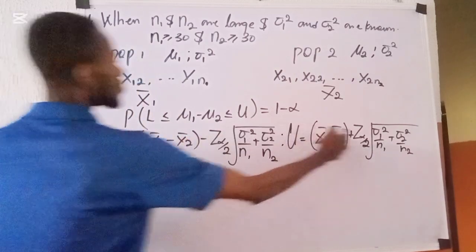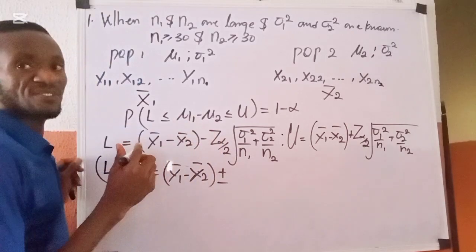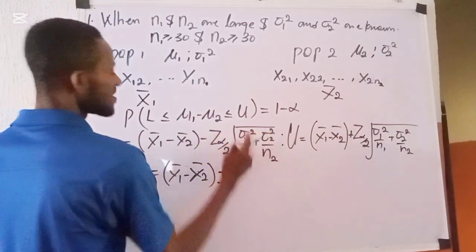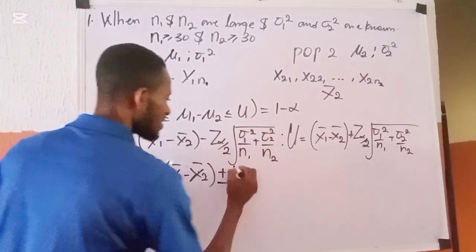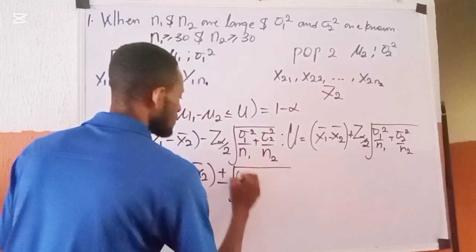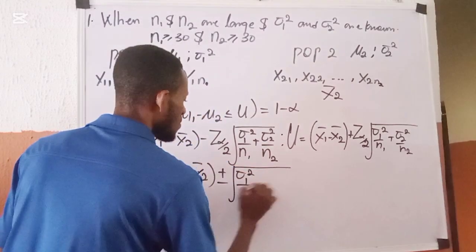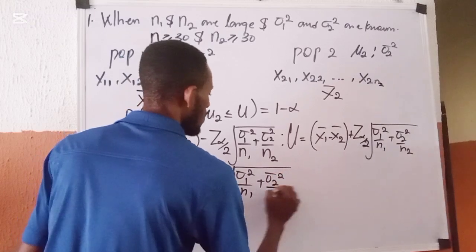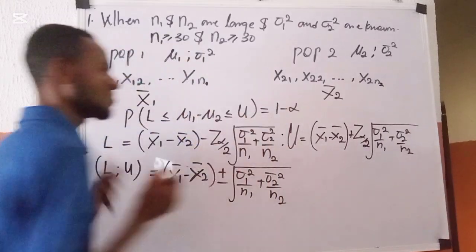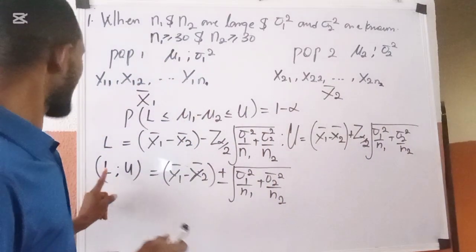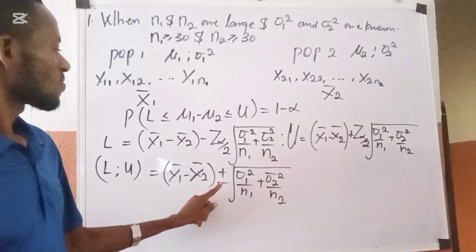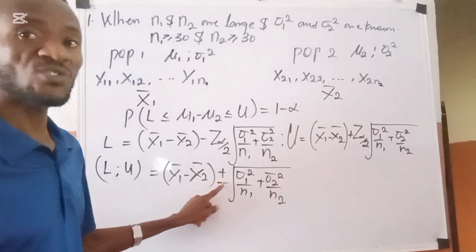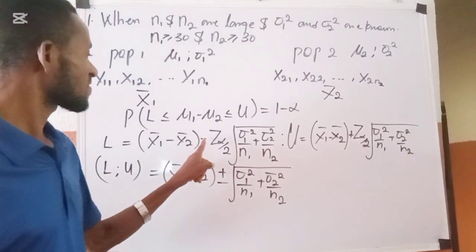This plus minus takes care of this place and this place. The only part remaining is sigma 1 squared over N1 plus sigma 2 squared over N2 under the square root. So when you are talking about L, you are paying attention to the minus, which is what is here.